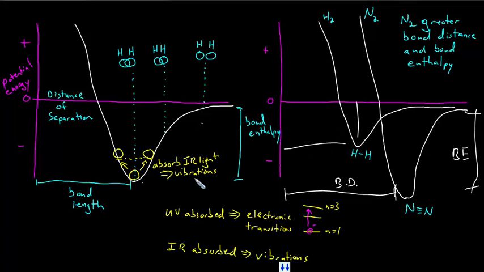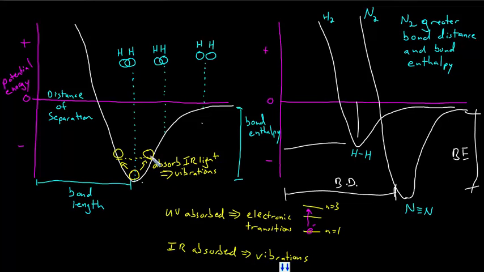Okay, so we mentioned that the bond distance will often be of this length of the minimal potential energy. But sometimes the molecule will absorb infrared light. And when it absorbs infrared light, it will go up in energy.